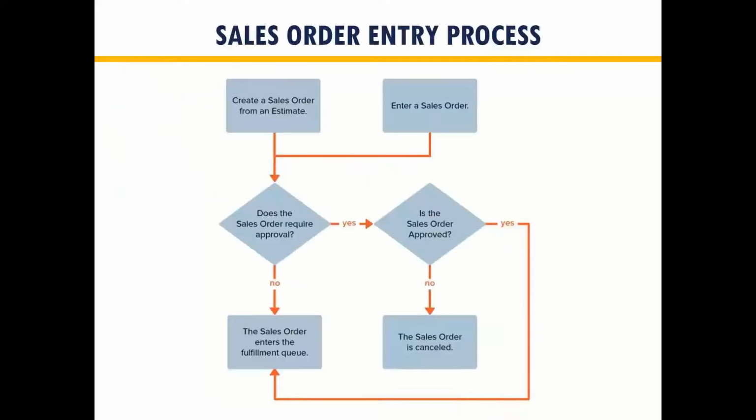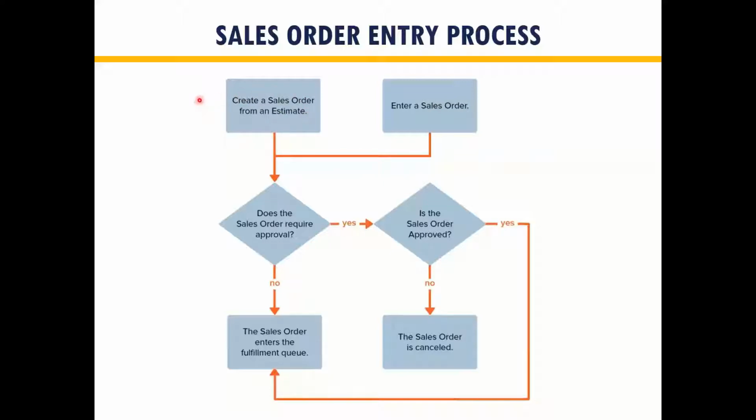All right. So this is just a graphic representation of the sales order entry process. I'm a visual learner, visual person. I like to see these things in a graphic format, so sometimes this is easier to understand the flow of how things should happen. So here, you can enter a sales order, and this process is really just for sales order. You can also create a sales order from an estimate.